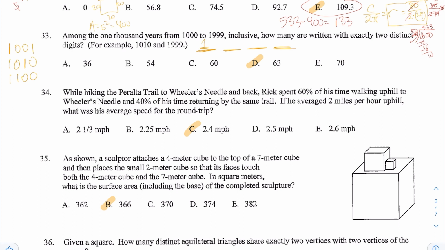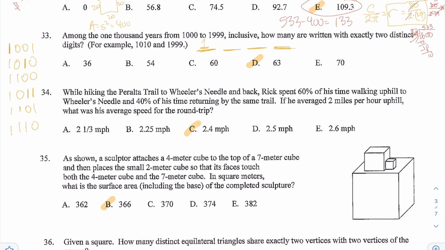But you also have 3 1s, so you're going to have 1, 0, 1, 1, or 1, 1, 0, 1. So those are the only ones with 3 1s. Or actually you have 1, 1, 1, 0. And then with 4 1s, actually you can't have 4 1s.